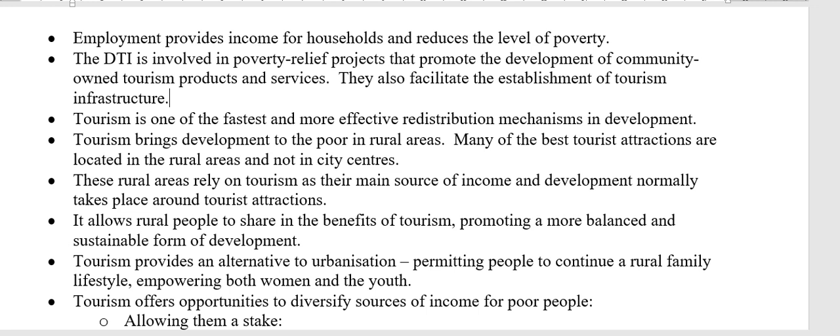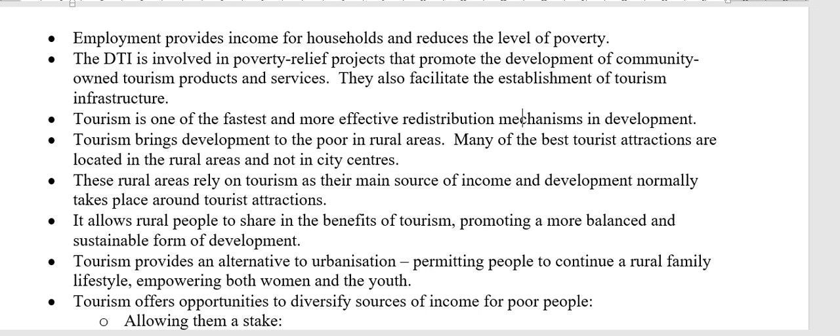Most of the poverty-stricken areas will be in our underdeveloped rural areas, where infrastructure might be lacking. So basically the government, the Department of Trade and Industry, makes sure that these rural areas receive the infrastructure that is necessary to bring the tourists to the area so that the local people can also reap the benefits of tourism.